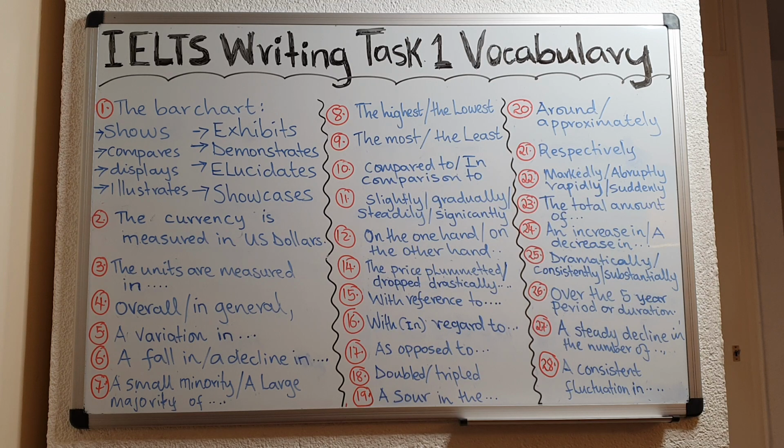And then significantly means a lot. So you can say, for example, the bar chart shows that there has been a significant increase in the student population from India between the years 2020 and 2021.